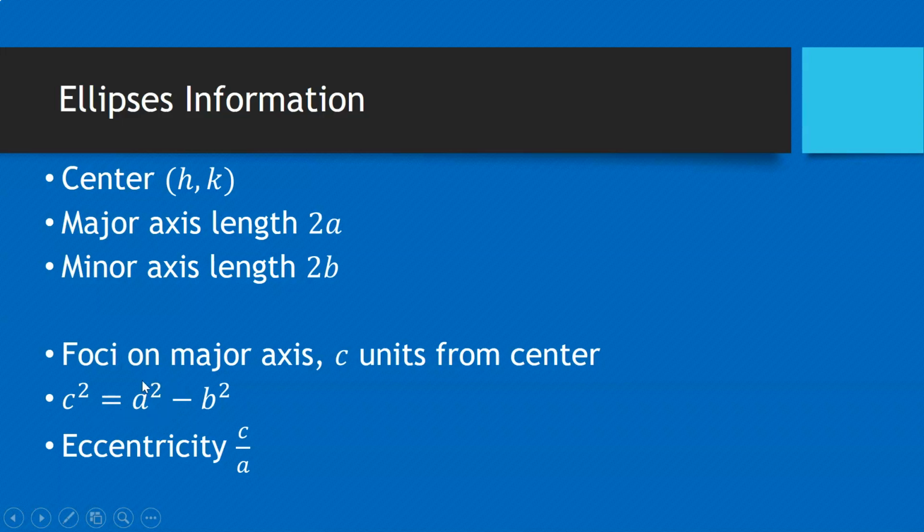So you're going to take A squared, subtract something from it, and get C squared, and A squared, B squared and C squared are all just going to be positive. So clearly the A squared is bigger than the C squared. So this eccentricity will always be less than 1 on the ellipse.